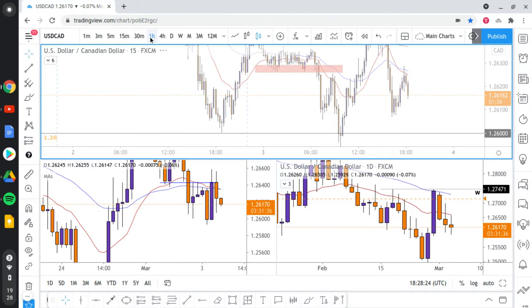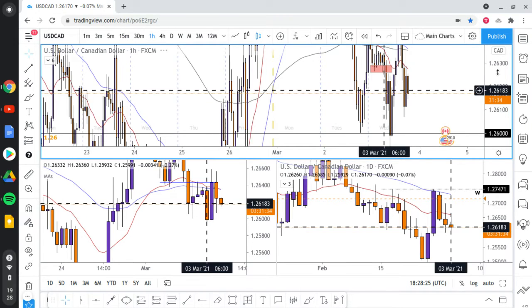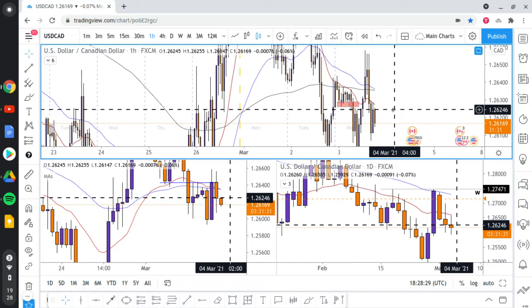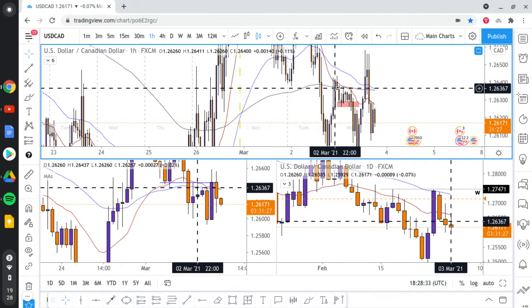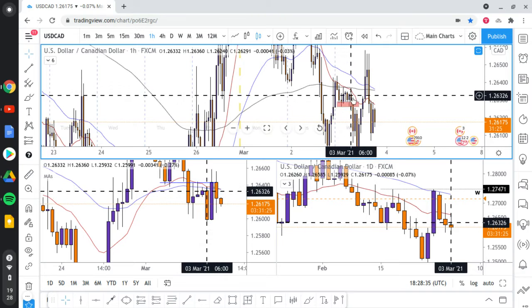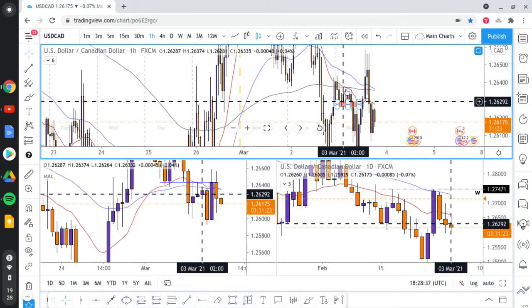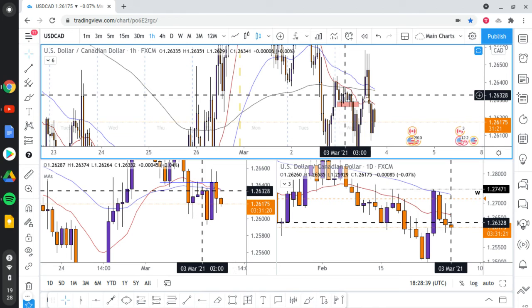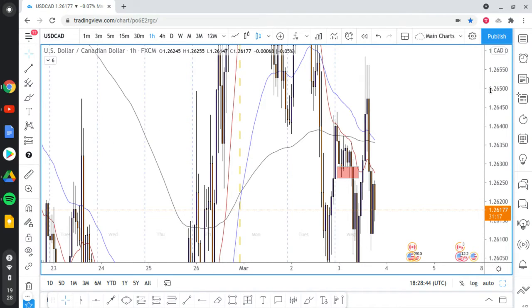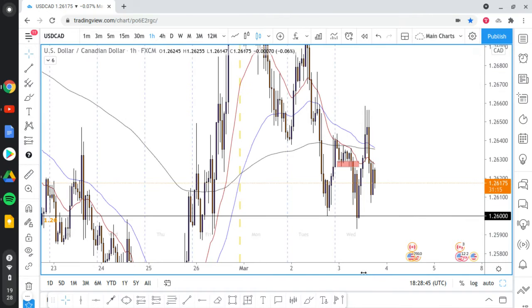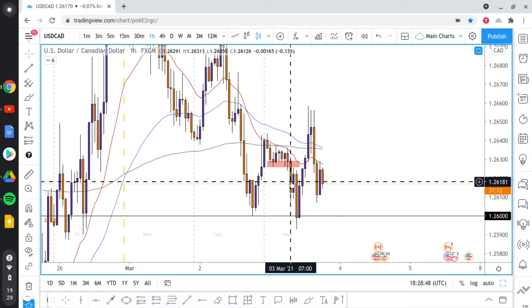We go into the 1 hour, and the 1 hour had the strong impulse yesterday afternoon, a pullback in the Asia session, then sideways, struggling to get another push to make a new high. Basically I saw price close beyond this support in this candle here, 7 to 8.